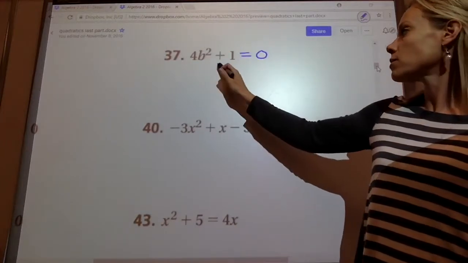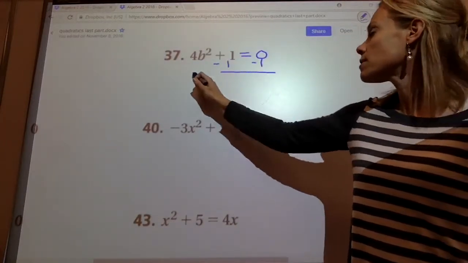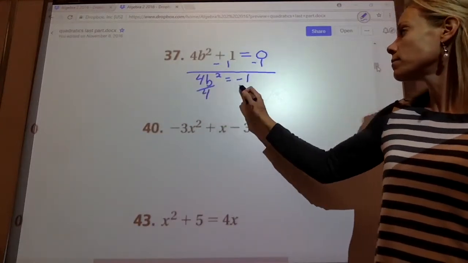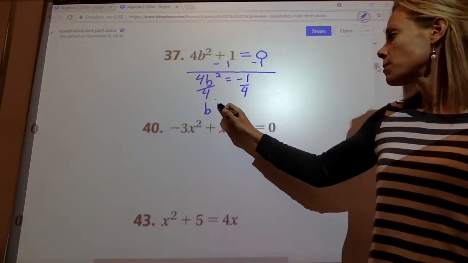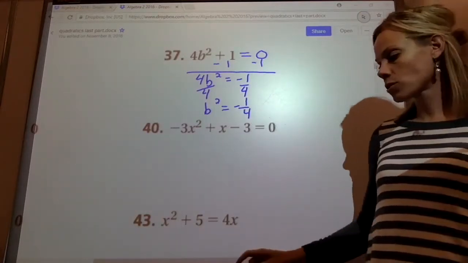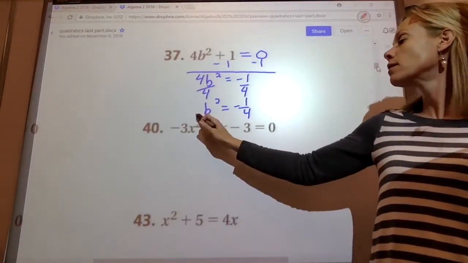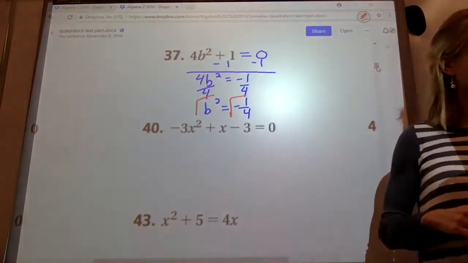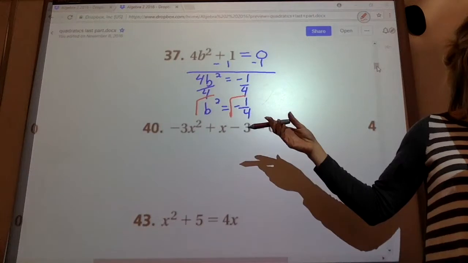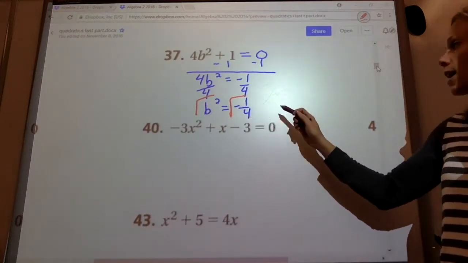So solve for b. I would subtract 1 on both sides. Divide by 4. So I get b squared equals negative 1/4. I need to get rid of the squared, so I square root. Okay. Now look, I'm square rooting a negative 1/4, so I need to take out an i.